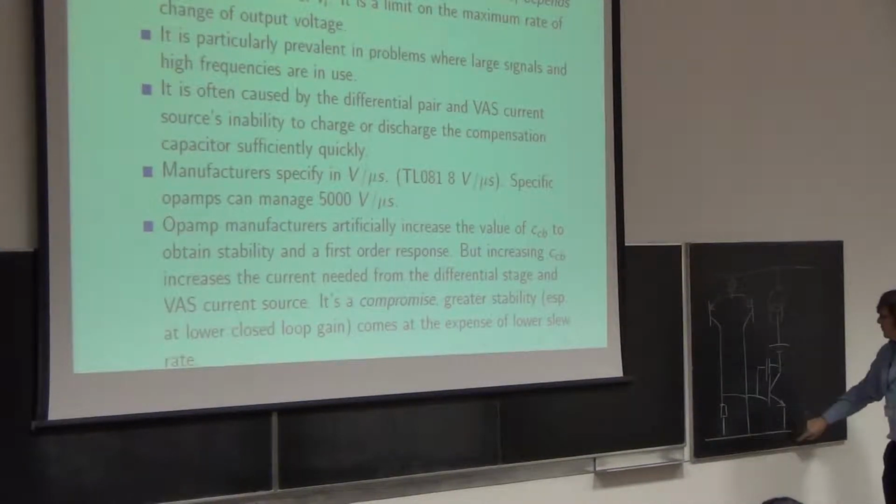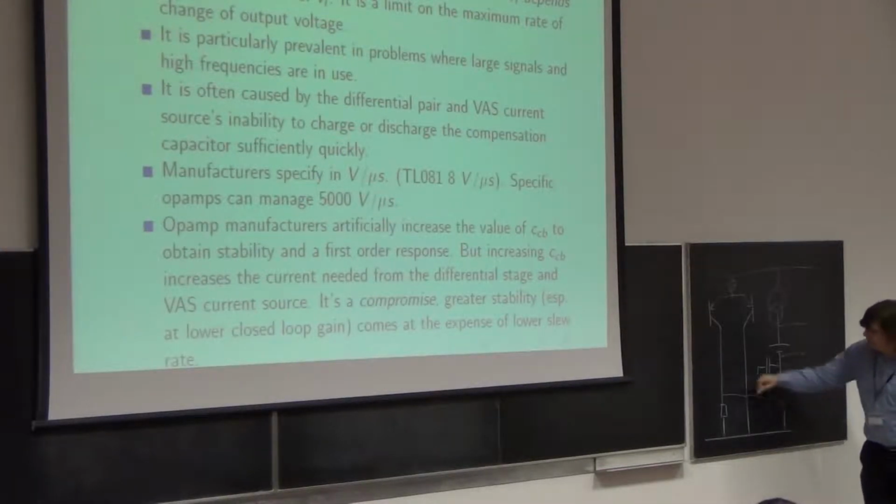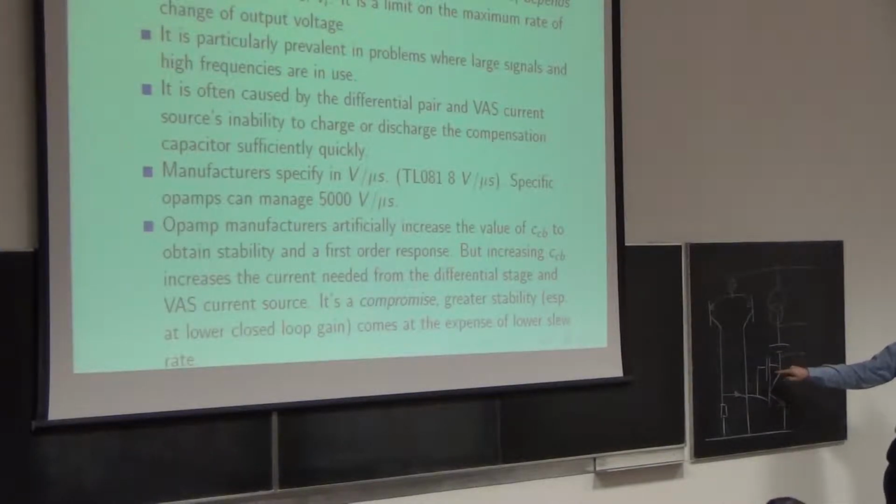This is V plus, that's V minus. This is the compensation capacitor. This is our VAS transistor. And this is the biasing source that biases the output stage, which I didn't draw. And we have to put a current in there, signal current, in there to charge up this capacitor sufficiently quickly that this transistor can either turn off or turn on as appropriate.